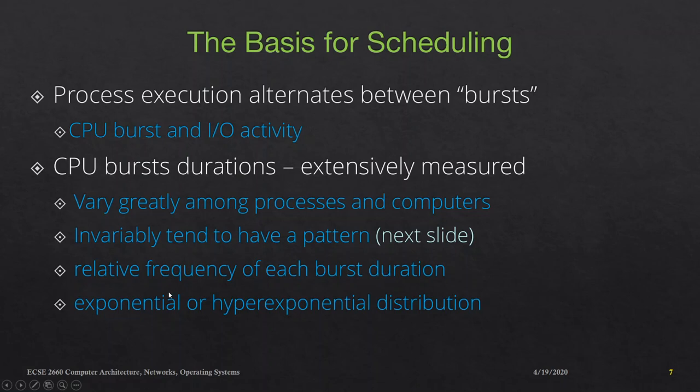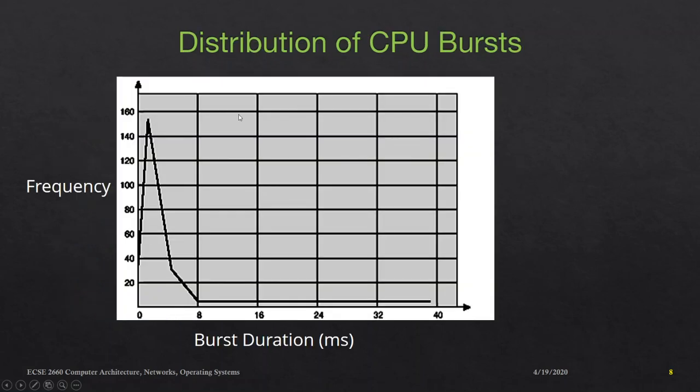So, how long does a typical burst duration last? The distribution that we are going to observe is an exponential distribution or the hyper exponential distribution. Once we take a look at the distribution itself, you will be able to relate that to the terms exponential and hyper exponential.